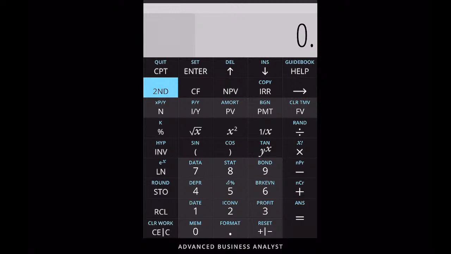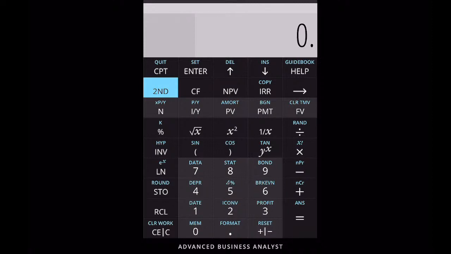So 9 in store 1 and 11 in store 2, and then 9 divided by 11 in store 3, and then I'm going to recall 3 and multiply by 11, and I should get 9 back.